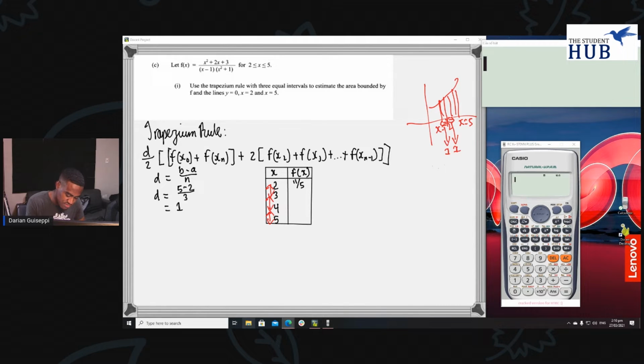So that's your 3 intervals that you're referring to there. After, you need to just take each one of these x values and plug them into the function f of x. And then, basically when I plugged in 2 into the formula here, I got 11 on 5.